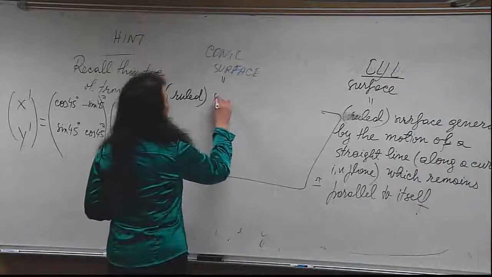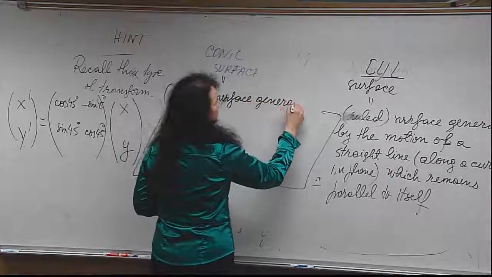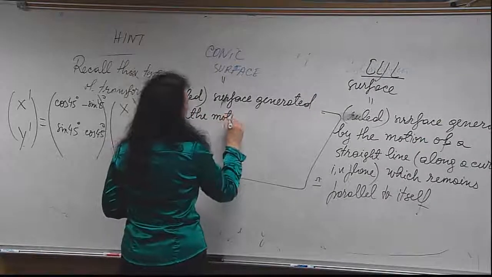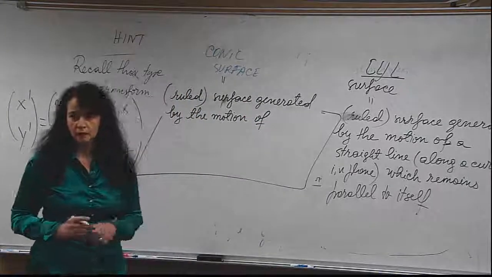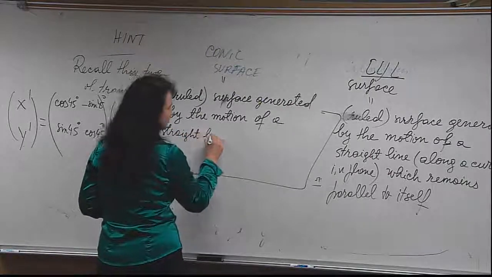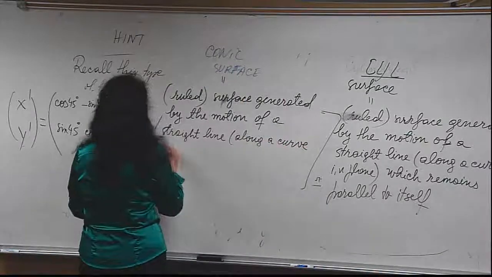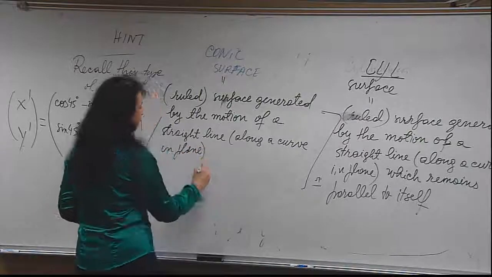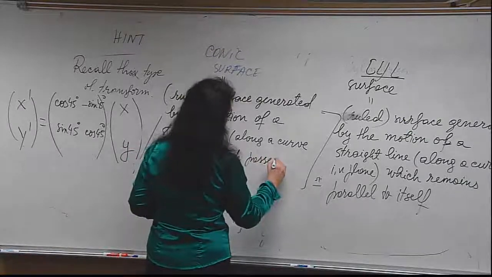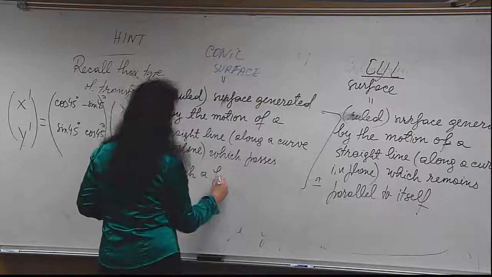So it's a surface generated by the motion of a straight line along the curve in a plane, which passes through a fixed point.